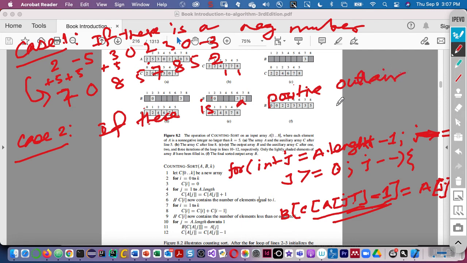O-U-T-L-I-E-R. Outlier. That means there is a very large number.